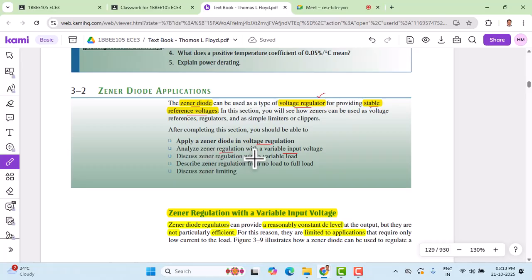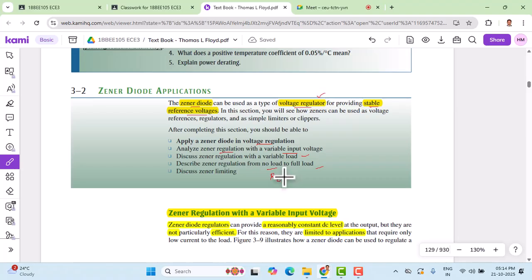Then we are going to discuss Zener regulation with variable load. That is the next application of the Zener diode, and Zener regulation from no load to full load condition. No load means without connecting any load. That means the load resistance which we normally connect across the Zener diode is made infinity.